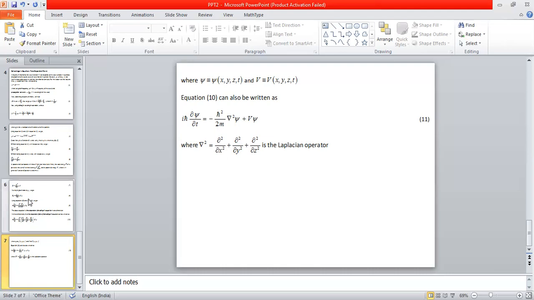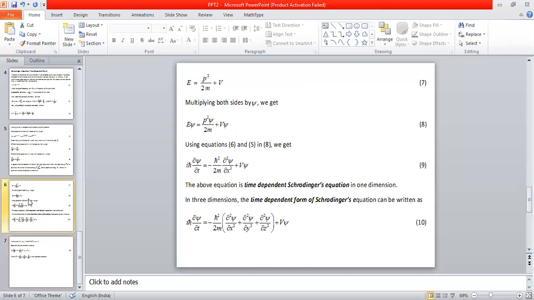So I can conclude that equation 9 represents the time dependent Schrodinger's equation in 1 dimension. And once we are able to write the time dependent equation in 1 dimension, extending it to 3 dimensions is very simple.